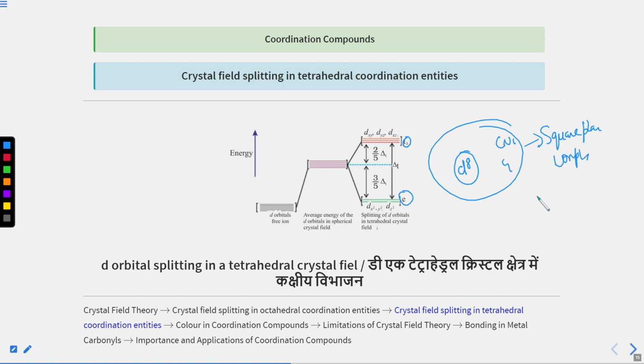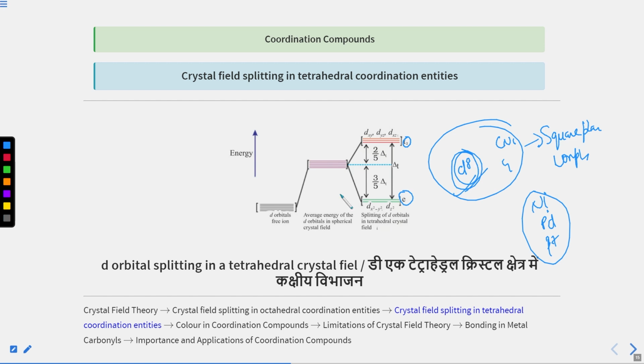We do have many examples like Ni, Pd, Pt, which are more adapted towards square planar complexes. So I would suggest you stick to this d8. Once you see a d8, it will form square planar complexes in case of coordination number 4, whereas in the other case, you will stick to tetrahedral. Clear?